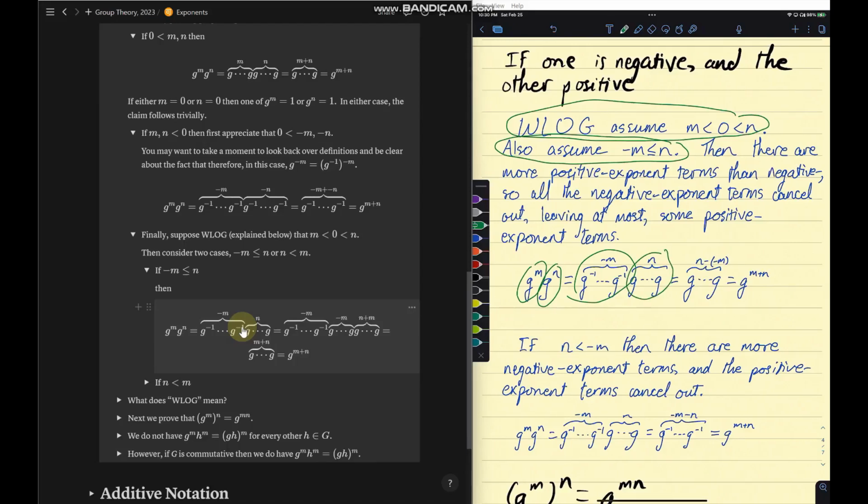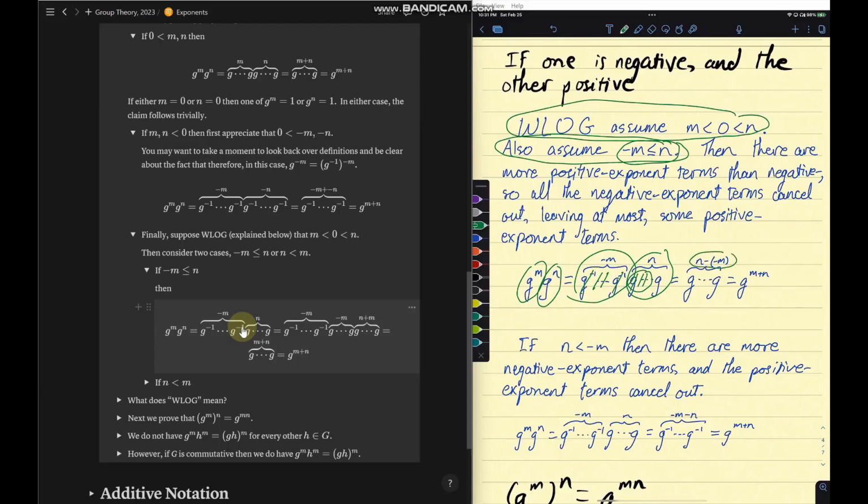We know that these are going to do some canceling, and when negative m is less than or equal to n, this means that either they entirely cancel when they're equal, or there's going to be some extra g's left over after the cancellation. That's the intuition anyway. Now, applying that here, we know that every single one of these negative m instances of g inverse are going to cancel with precisely that many instances of g here.